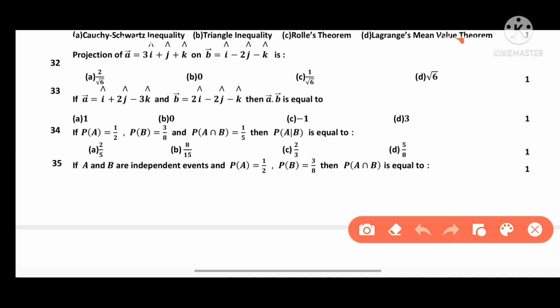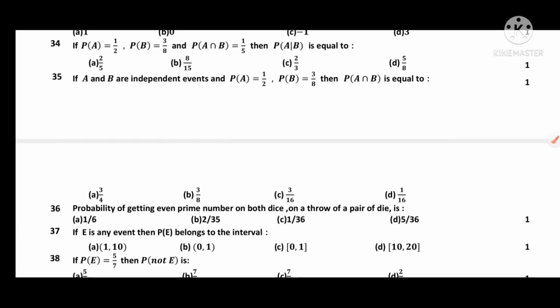A dot B is equal to 2 minus 4 and component of k is minus 3 and minus 1, that is plus 3, 5 minus 4, which is further equal to 1. So, answer is A.